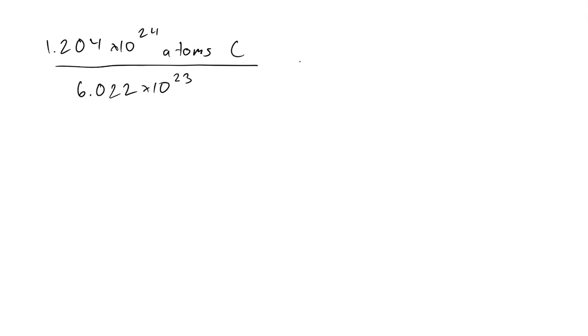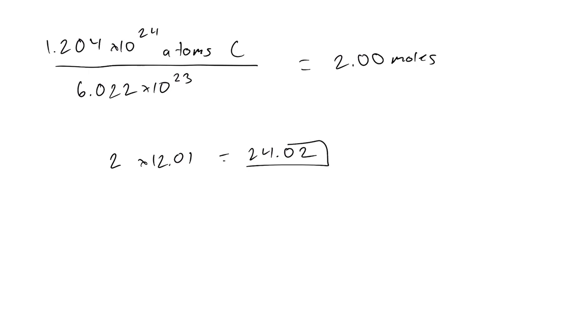And that will leave us with 2 moles. And then for grams, we're now in moles, and to get the grams, we need to go 2 times 12.01, which is the molar mass, and then we're going to be left with 24.02.